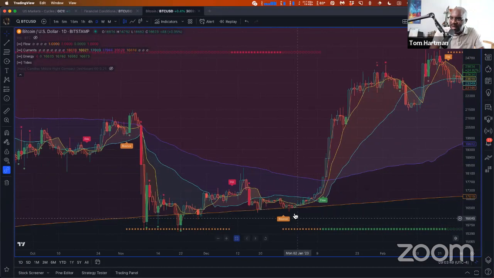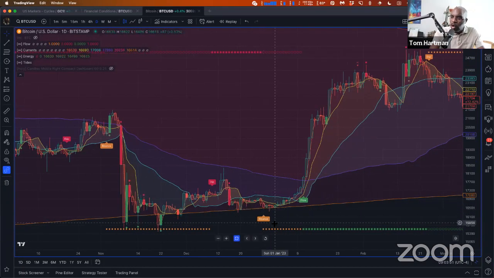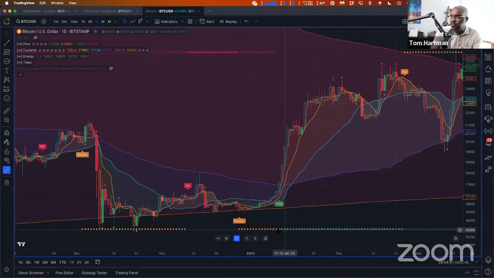So when it got to this bounce, you always get a counter trend move. You always get a bounce or a dip, a yellow bounce or a dip, before the trend actually changes. It's like the red, yellow, green of stoplights. It has to go through yellow first before it can get to the next signal.